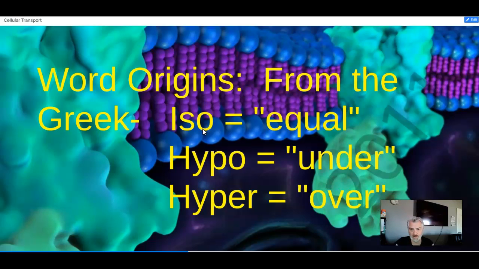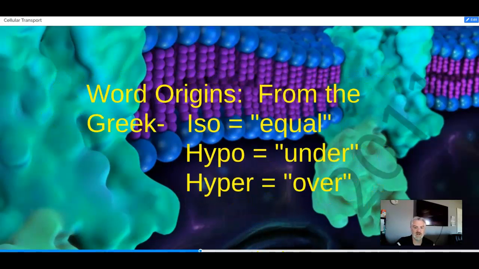The word hyper, think about hyperactive, meaning you're overactive, above active. Or if you hyperextend your elbow, you've gone over or beyond where it normally extends to, right? Or if you have hypertension, that's high blood pressure. So these words will help you remember what the words hypo, hyper, and iso mean.